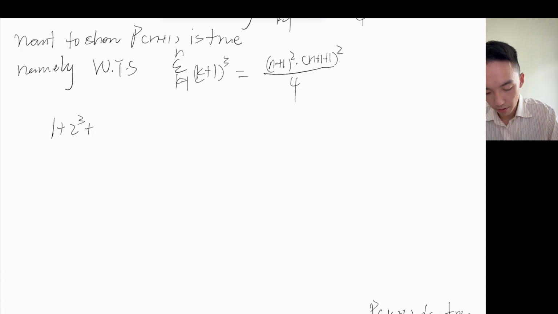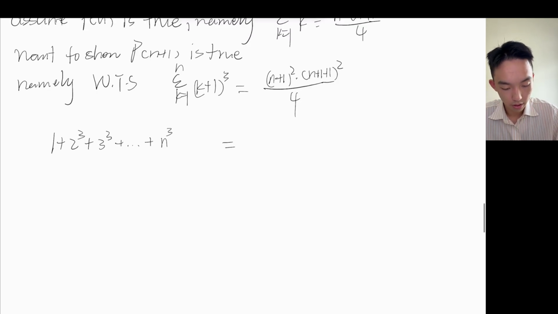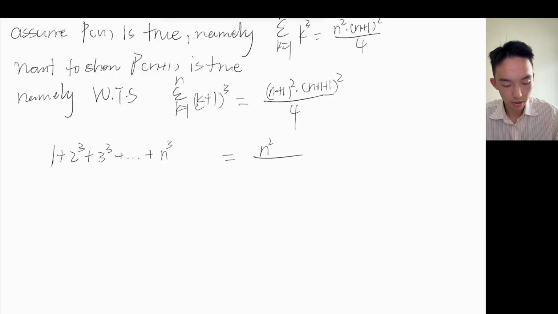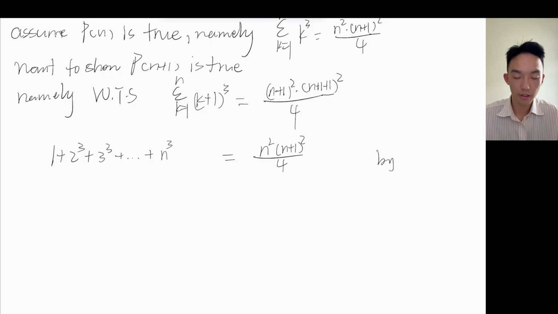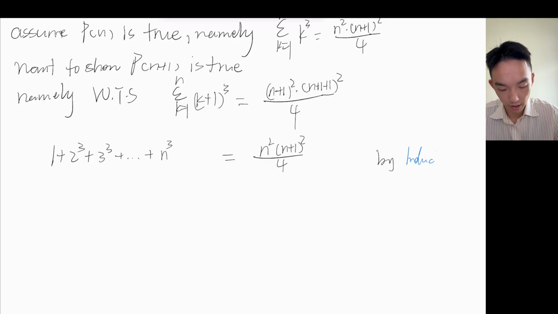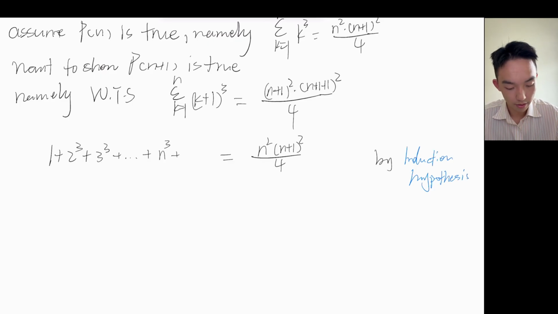Same as before, we can write the sum of k cubed as 1 cubed plus 2 cubed plus 3 cubed plus until n cubed. It is equal to n squared times n plus 1 squared divided by 4, by the induction hypothesis. Same, we add n plus 1 cubed to both sides. Then we factorize the right hand side, the same.